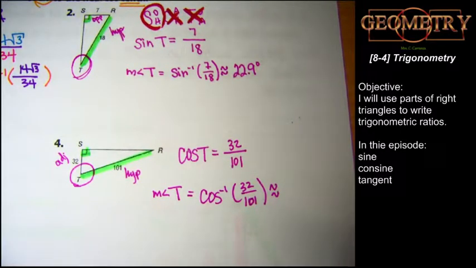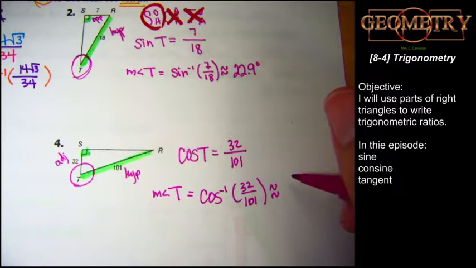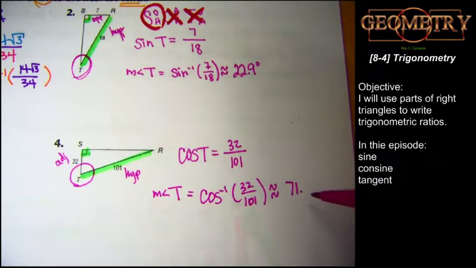Calculators? Oh. 71.5, 71.3? Oh, no, he's right. I put 100. 0.5. Okay.